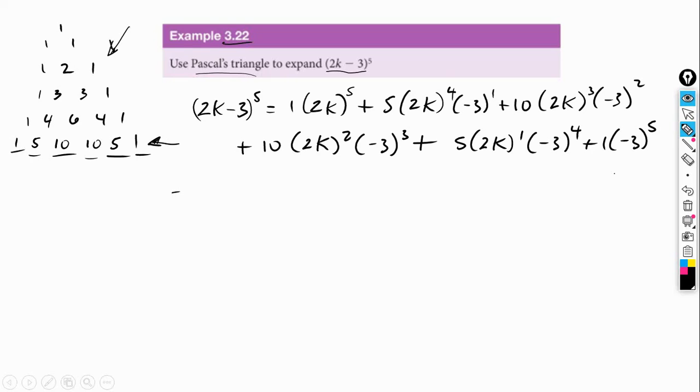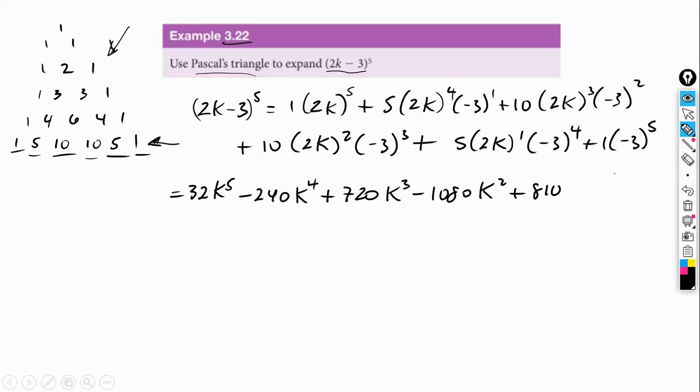So all we have to do now is expand this, and we're going to get 32k to the 5 minus 240 times k to the 4 plus 720k to the 3, and then we have a minus 1080k squared plus 810k, and then finally minus 3 to the 5, that's going to be negative 243.